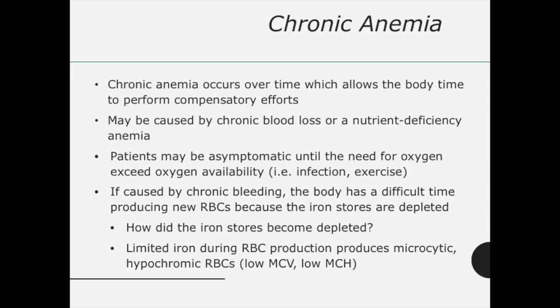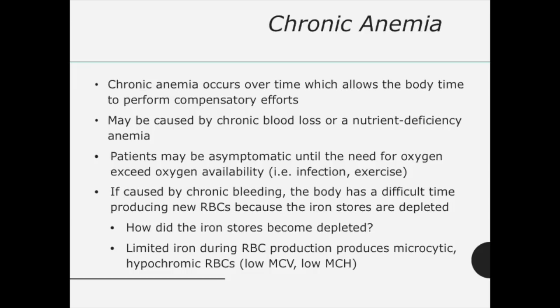Chronic anemia can be caused by blood loss, so this would be not acute blood loss, but that GI bleed, or a nutrient deficiency anemia. Patients will most likely be asymptomatic until the need for oxygen exceeds oxygen availability.